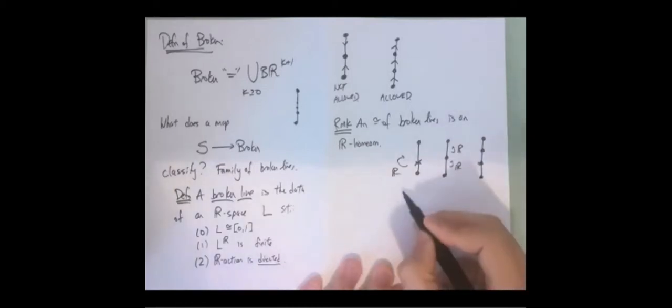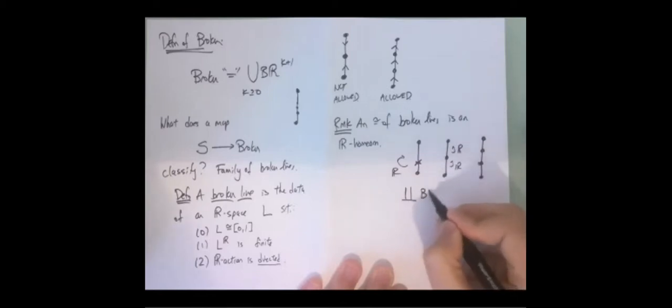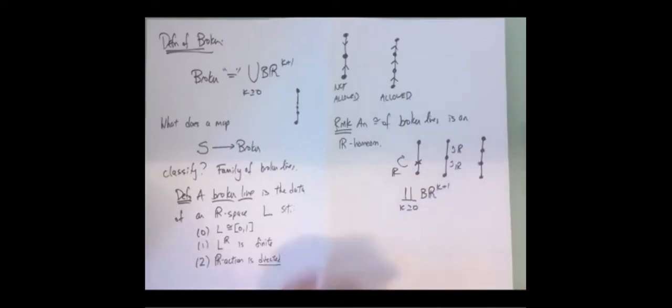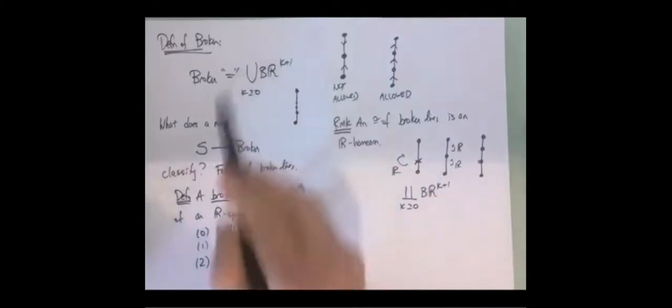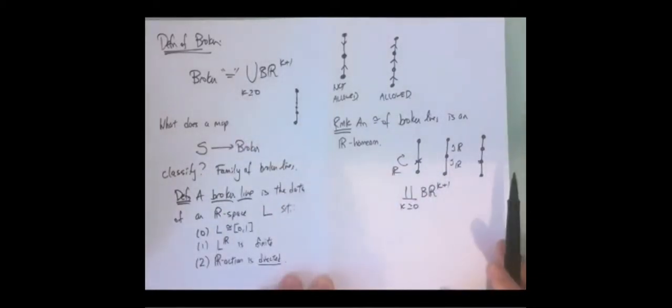So at the point set level, the categories associated to a point define these BR^(k+1)s. As a category, each of these is BR to the K. You see this union appearing even at the point set level. And it had better.